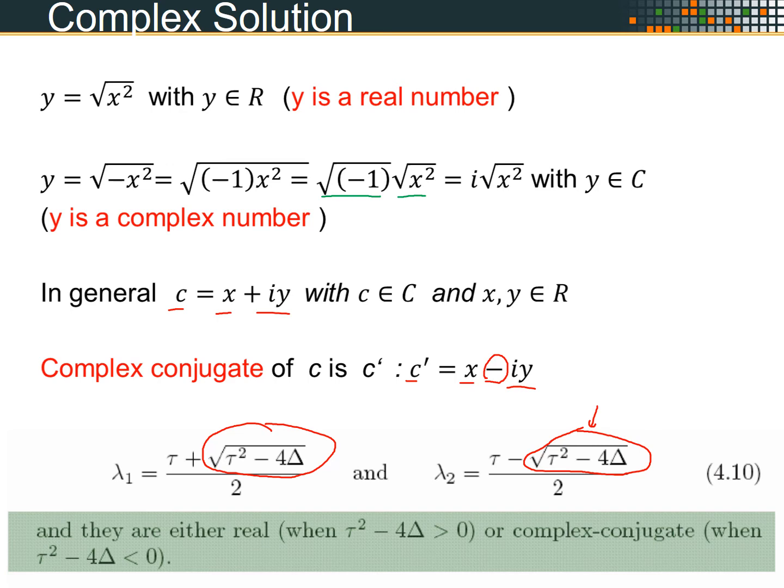Given that we have the sign change here and here, the two solutions lambda 1 and lambda 2 are so-called complex conjugates, which means the real part given by tau is the same, and the imaginary part is the same in size but different in sign. So the solutions, lambda 1 and lambda 2, are either both real or they are complex conjugate.